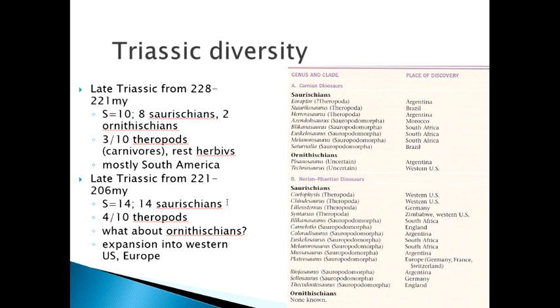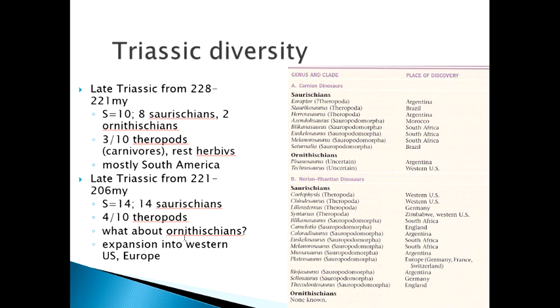Then you move a little bit up higher and you start getting the Coelophysis, Plateosaurus, a little bit later, 221 to 206 million. Notice we have more species. The number of species has increased, and now we have both saurischians and ornithischians, or both saurischians of both types, large sauropods and then these big theropods.